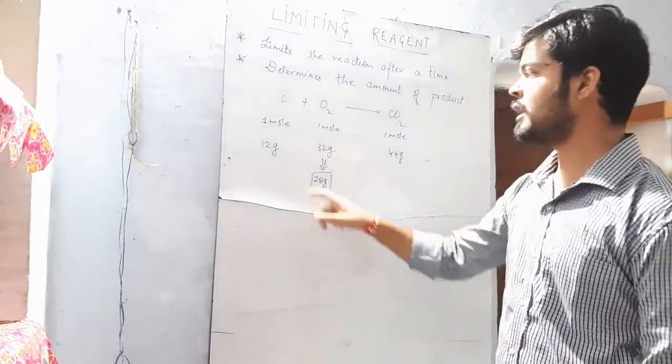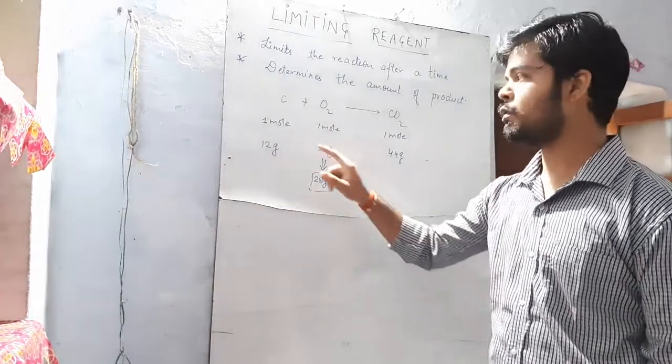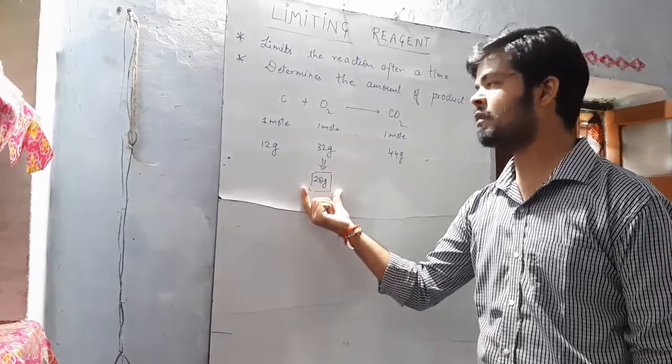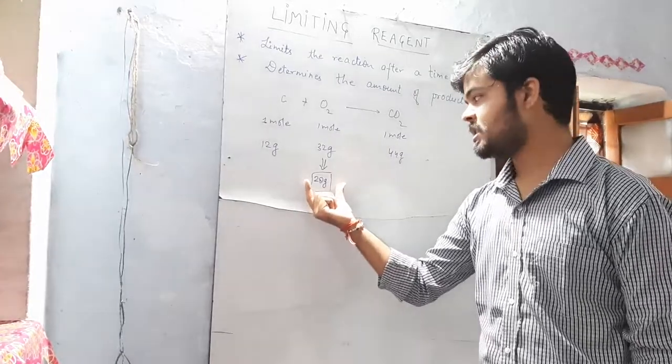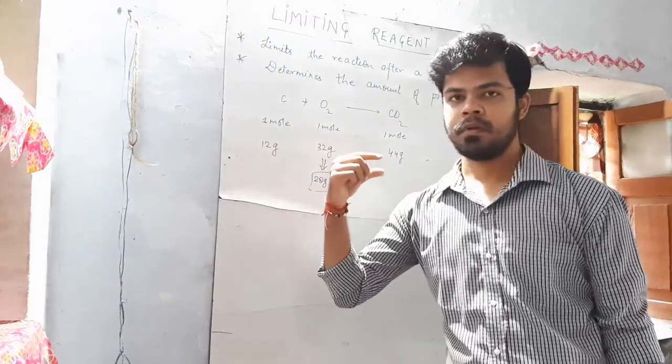Because we know that we at least need 32 gram of oxygen to react with 12 gram of carbon, but we have been provided only 28 gram of oxygen. So as the 28 gram of oxygen finishes, the reaction will stop.